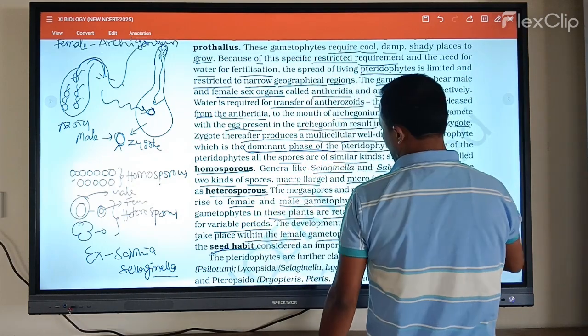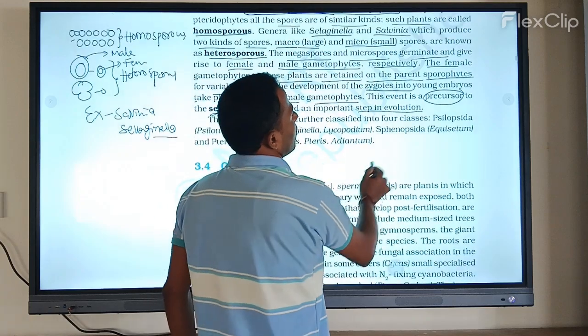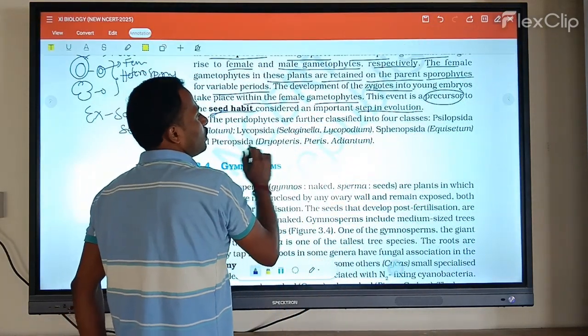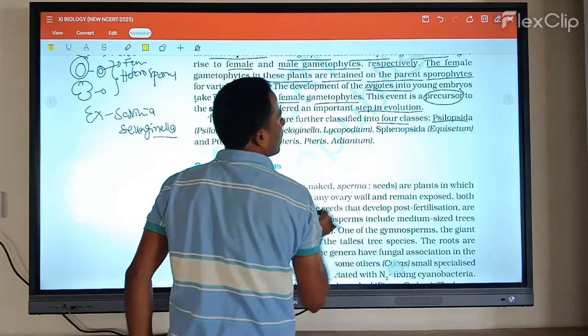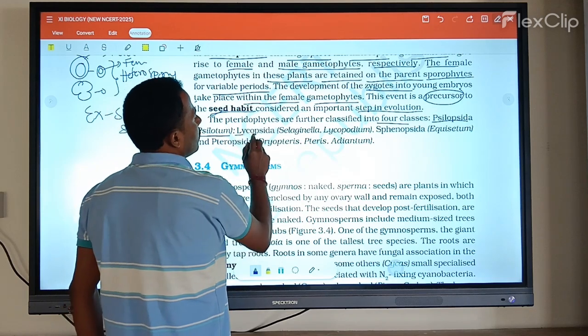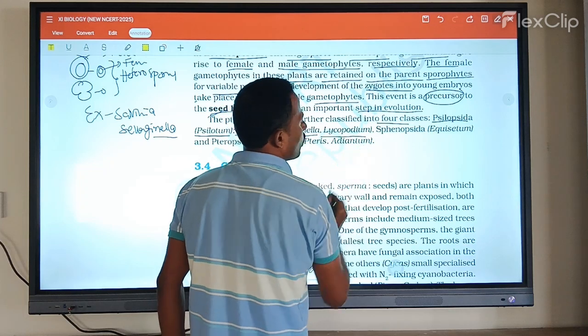Mostly, the pteridophytes are classified into four classes. One is Psilopsida, example Psilotum. The second is Lycopsida, examples Selaginella and Lycopodium.